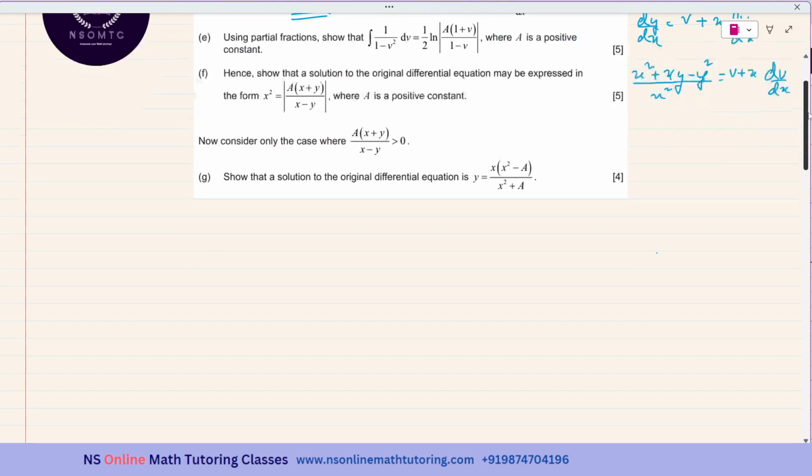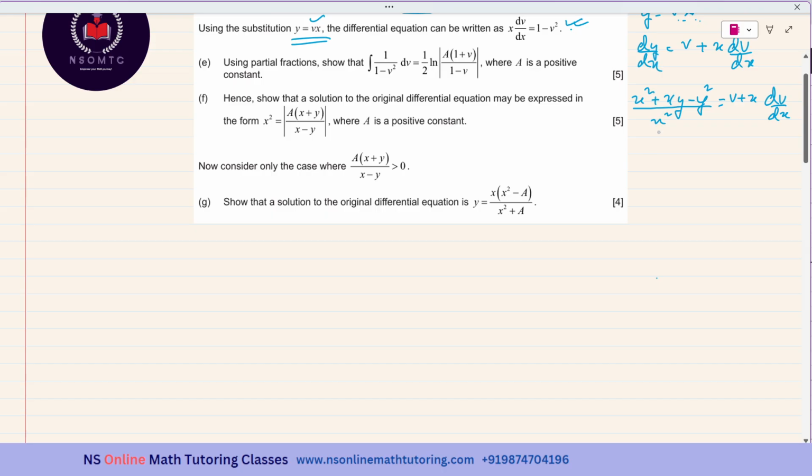Okay, and now I'm separating the terms. x squared over x squared is 1, plus xy over x squared, one of the x will be cancelled from the denominator, you will be having y over x, and since y equal to vx, y over x will be equal to v.